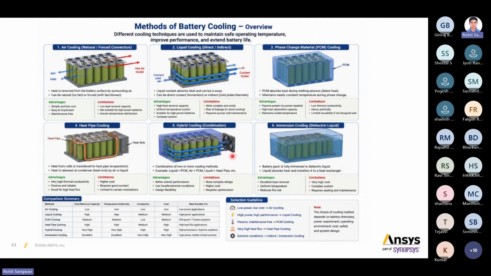Production time will also increase because we have to make a more complex design. Immersion cooling is easy, but it is very high in cost and requires complete sealing and maintenance. In this we can reduce the maintenance, but in immersion cooling we require a lot of regular maintenance.